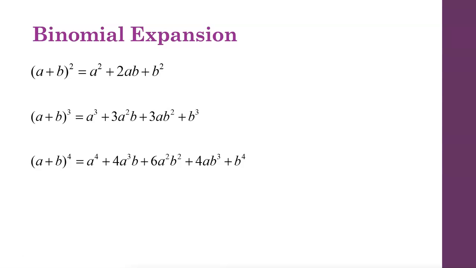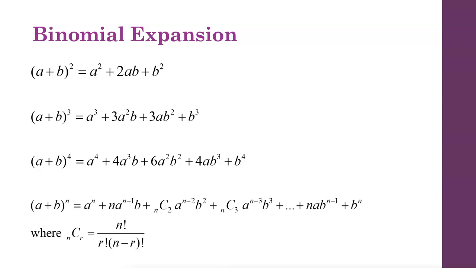So in general, what we have as a general formula for binomial expansion is that if we take a plus b to the n, we start with a to the n. The next term would have n as the coefficient. The power of a gets 1 smaller, and then I gain a b. And then the power of a gets 2 smaller, b squared.